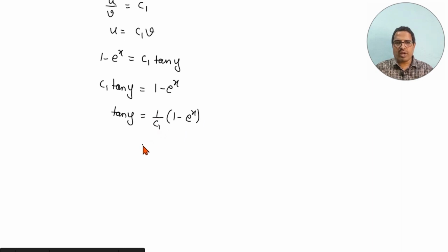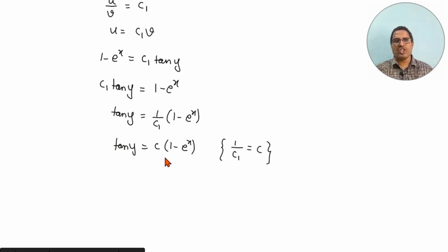So this 1 by c1 is nothing but a constant. Let us take that 1 by c1 and replace that by another constant c. Therefore we can write this as c into 1 minus e power of x. Therefore we have the solution tan y is equals to c into 1 minus e power of x. So that's the required solution.